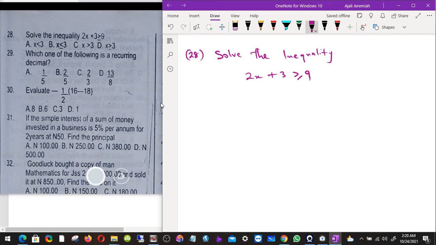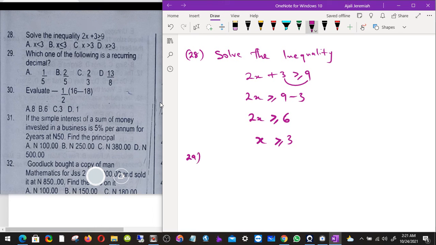Okay, now collect like terms, so 2x is greater than or equal to 9 minus 3. So 2x is greater than or equal to 6. Divide both sides by 2, so x is greater than or equal to 3. Option D.